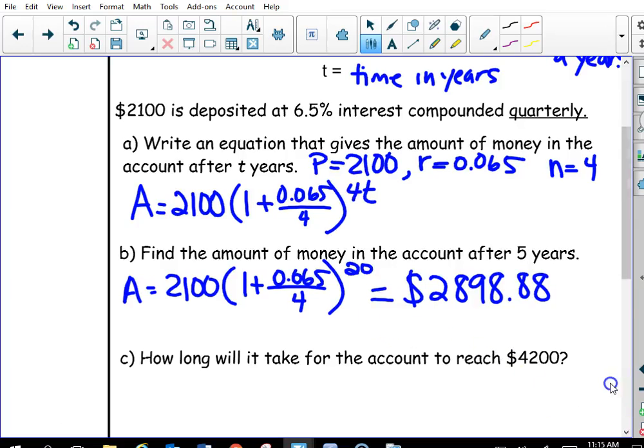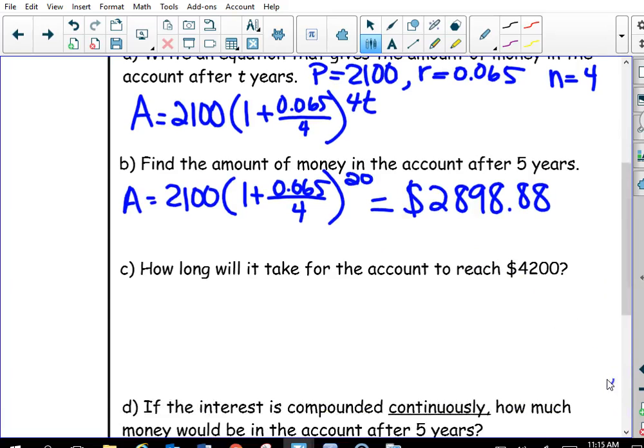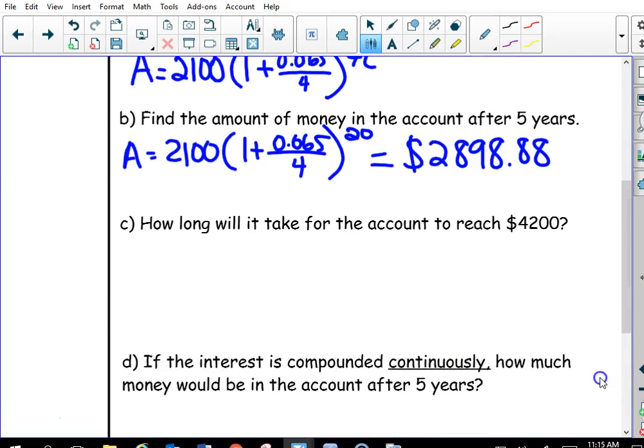All right, this one's a little bit tougher. How long will it take for the account to reach 4,200? So they're giving us A, and now we're going to need to use logarithms. How long?